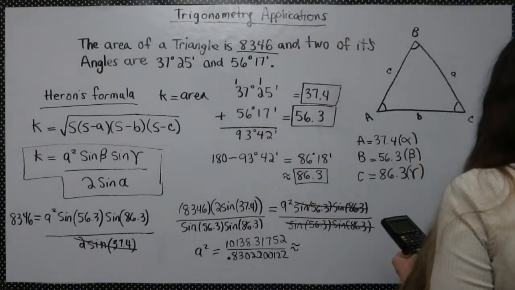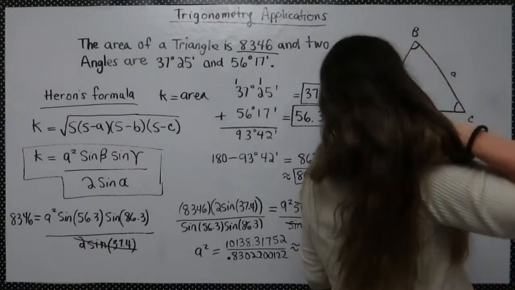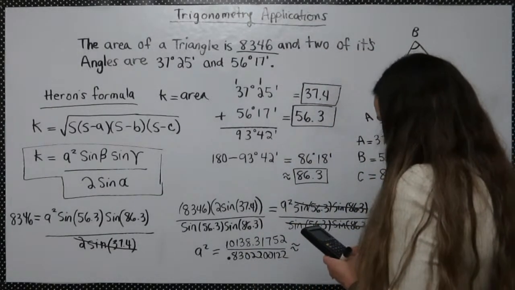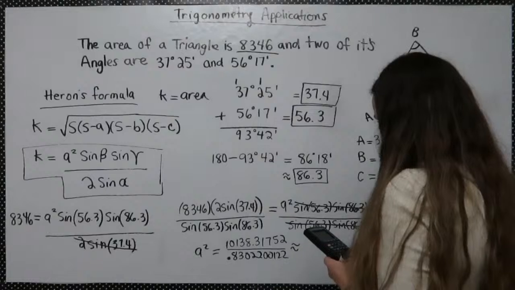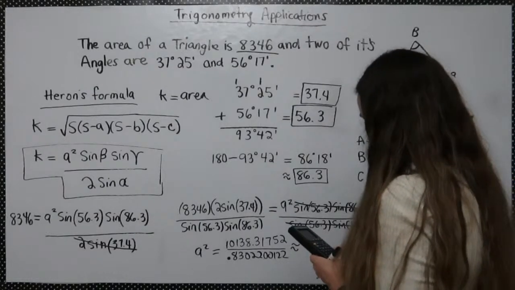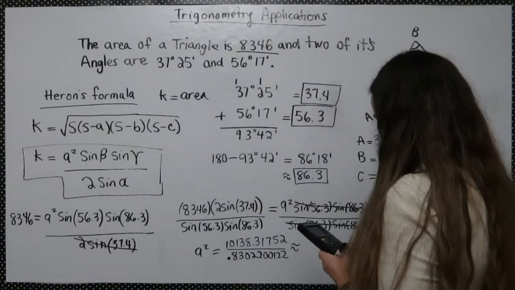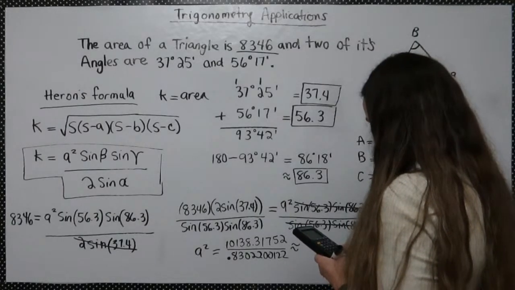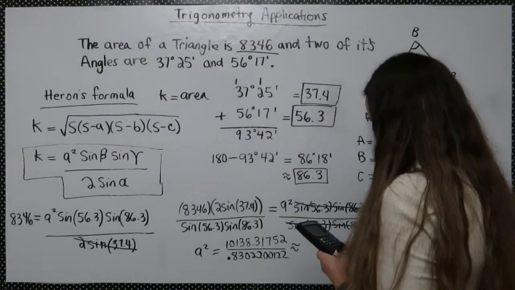So let me type all of this in now. 10138.31752 divided by 0.83022000122.